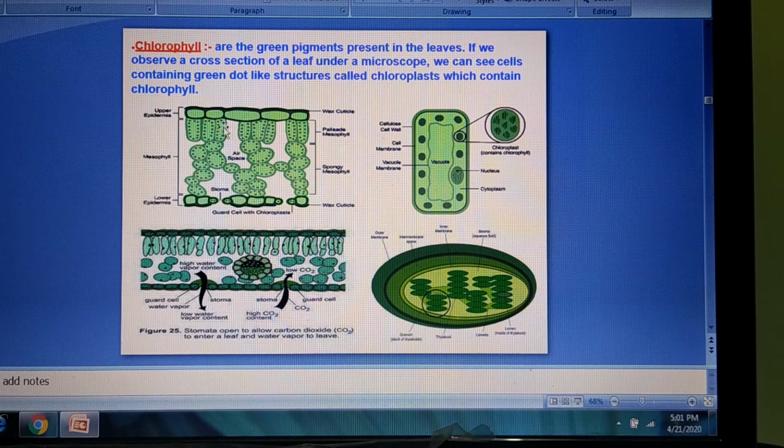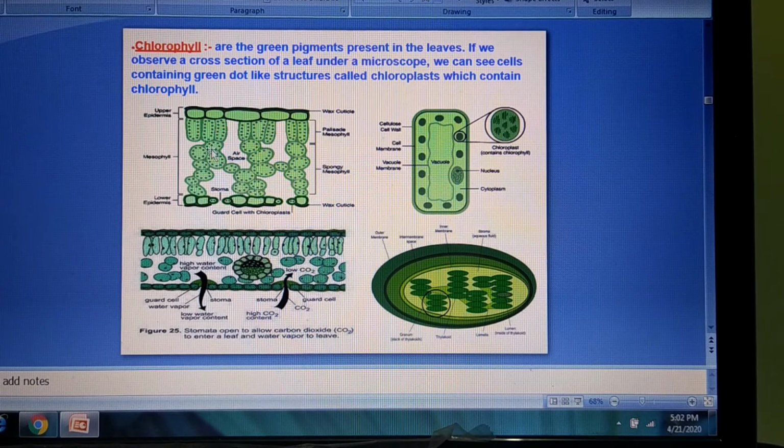When you see the mesophyll tissue, we can find some long cells. These long cells we call palisade parenchyma or palisade mesophyll tissue. And there are some irregularly shaped cells. In between these cells there are large spaces, that is, intercellular spaces, which are filled with air.